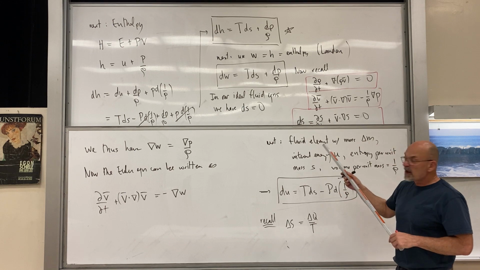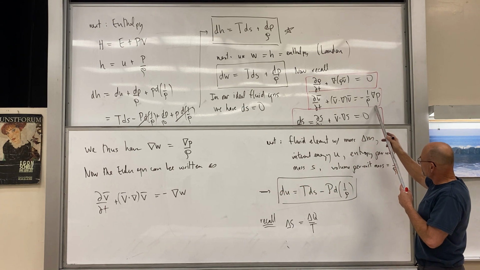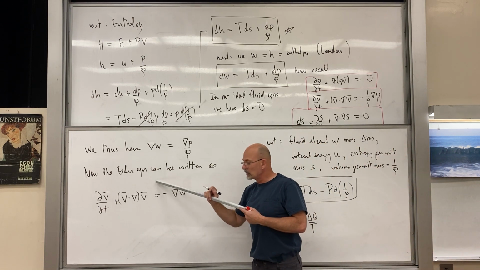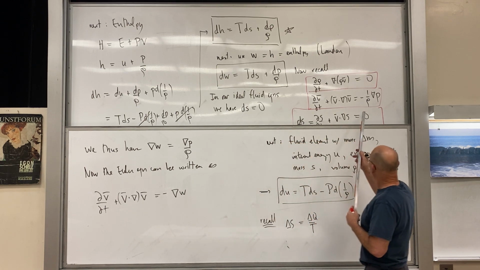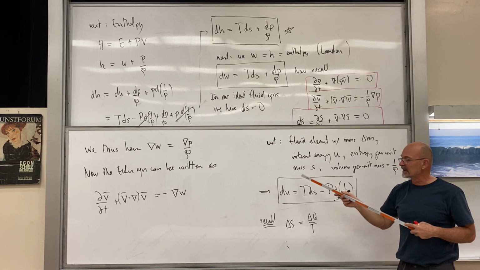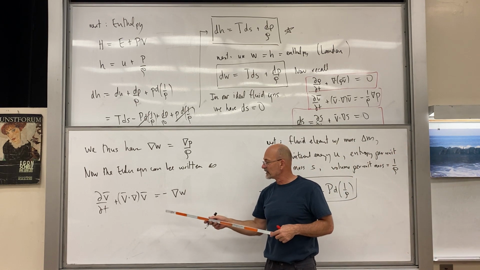It seems like a lot of work just for that small change in the differential equation, but it's going to allow us to use some vector identities without always insisting that the density be constant, because we want these equations to be as general as possible.